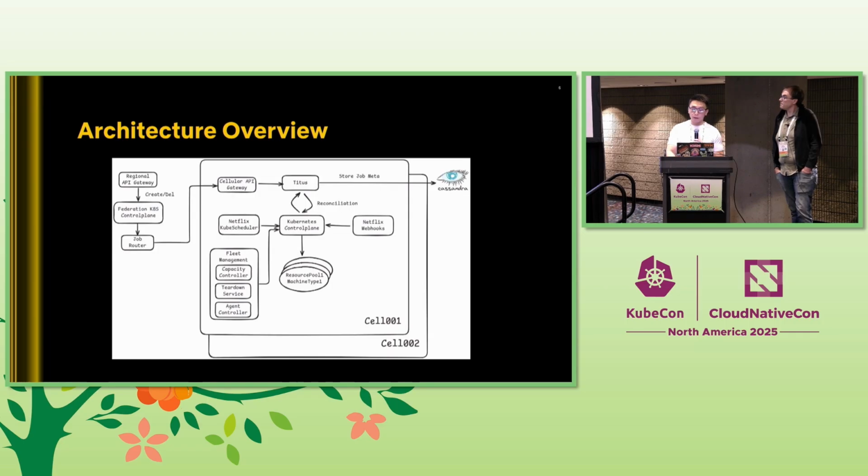Okay, so let's dive into our architecture. What does our overall system architecture look like in each region? As shown in the diagram, every region starts with a regional Titus API gateway. Remember, we don't expose the Kubernetes API directly, so all requests must go through this Titus API gateway. When a request hits the regional API gateway, it's forwarded to the federation control plane.